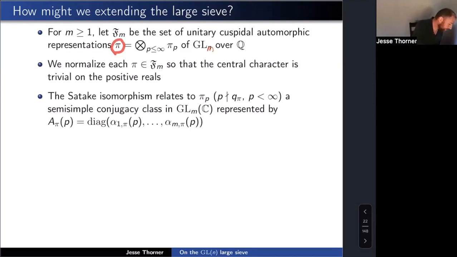We can express pi as a restricted tensor product over all places of Q of pi_p, where pi_p is a smooth admissible representation of GL_m of Q_p, where I think of Q_infinity as being R. And if p is a finite place, so it's corresponding with a prime, and it doesn't divide the conductor, then the Satake isomorphism relates to pi_p a semi-simple conjugacy class in GL_m of C, represented by this diagonal matrix, where these numbers alpha_1 through alpha_m are complex numbers.